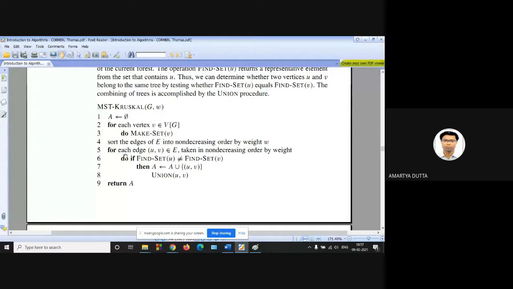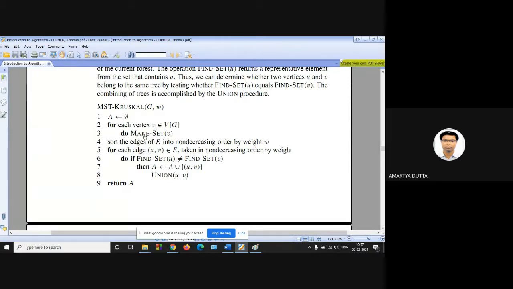So line number 5, for each edge uv that belongs to E, taking in non-decreasing order by weight, do: if find set of u is not equal to find set of v, if line number 6 holds, then only you can add uv in A. A is initialized to null. And then union u and v.